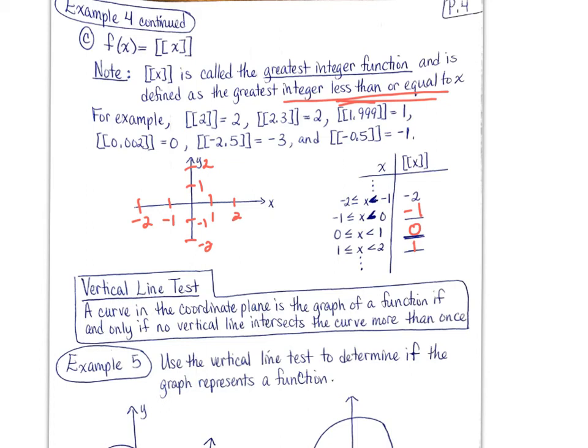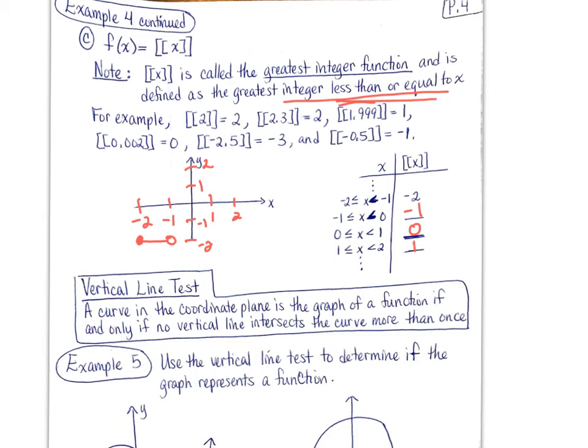And so when x is between negative 2 and negative 1, we have a closed circle here at negative 2, but then it's an open circle there at negative 1.